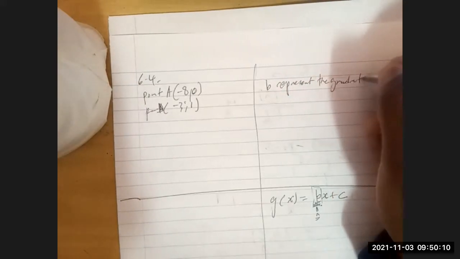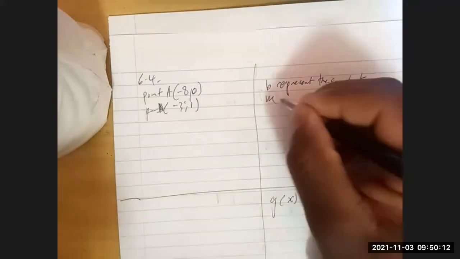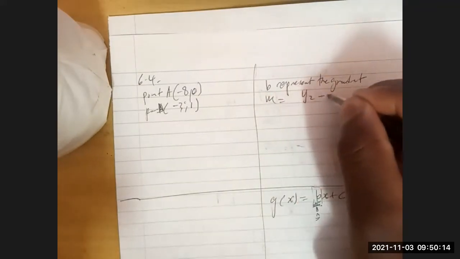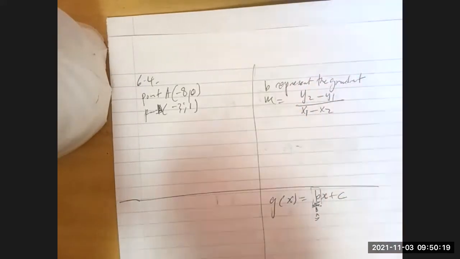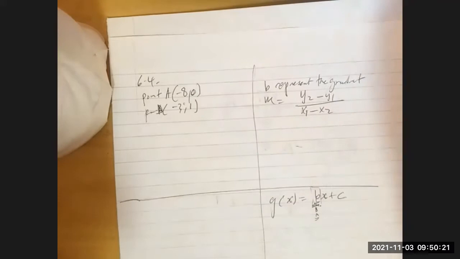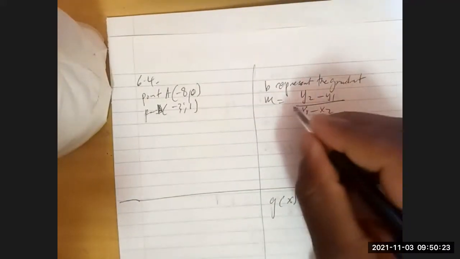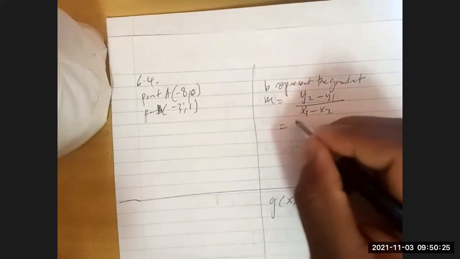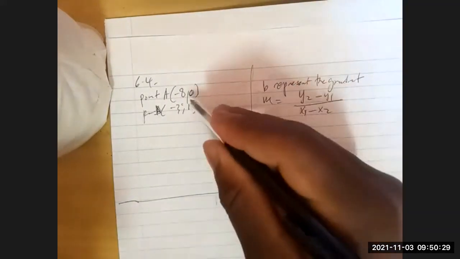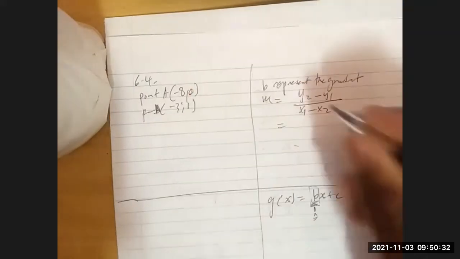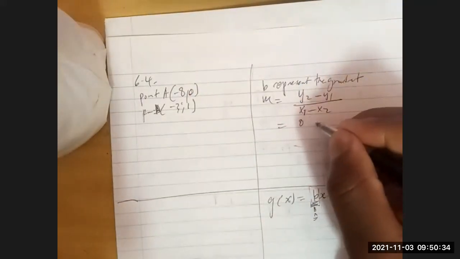And how do we find the gradient? Gradient M is equal to y2 minus y1 over x2 minus x1, okay? Now with 2 points there, which one am I going to take? I'm going to take this one here, 0, minus that other one, which is 1, over negative 8 minus negative 3, okay?